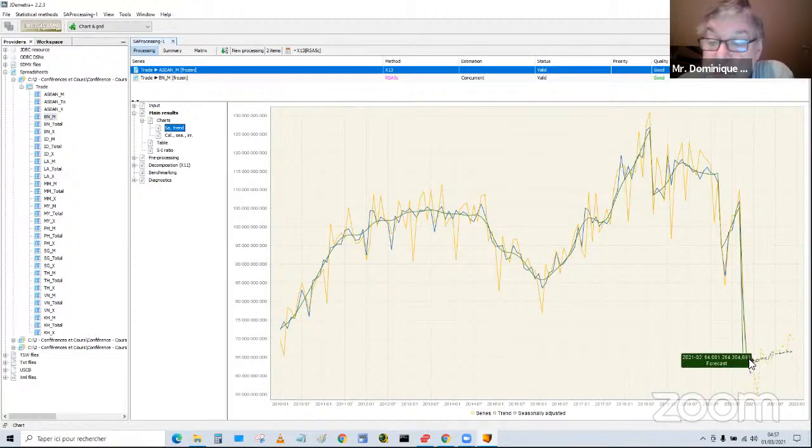Of course, it's wrong. It's likely that you will increase very quickly. I don't know if it will be very sharp or long, but you will re-increase very quickly. So these forecasts are not very coherent with what we know of the situation.